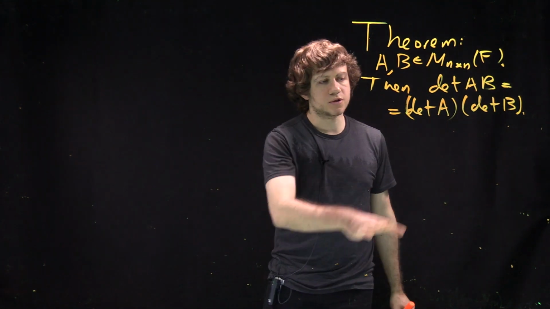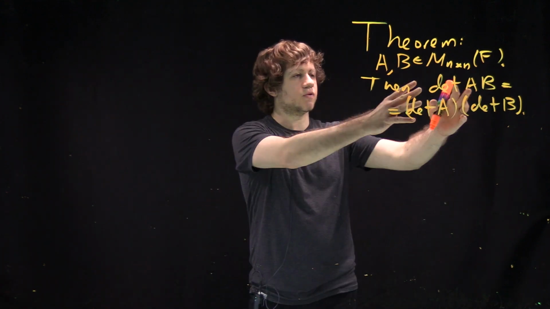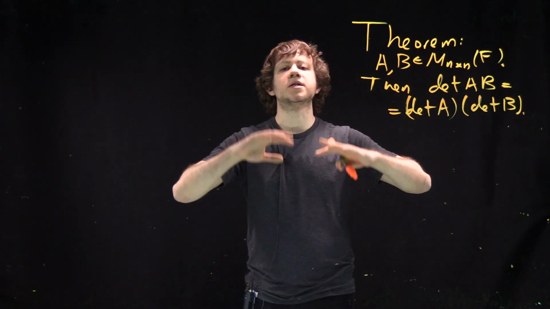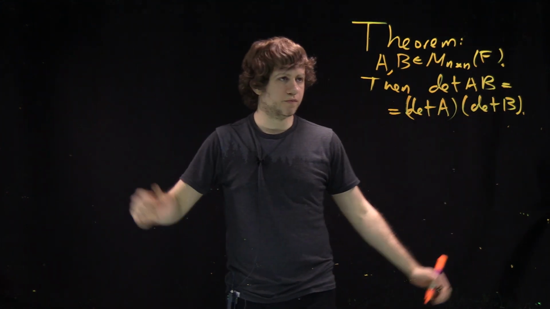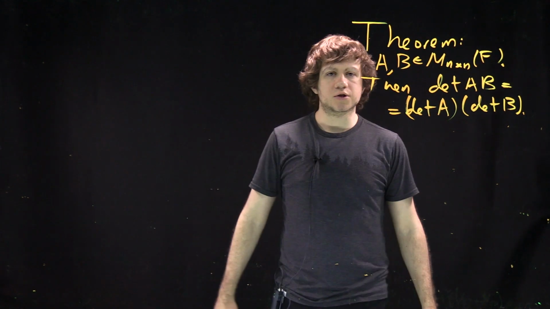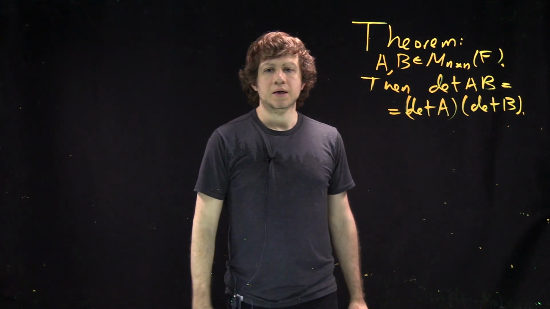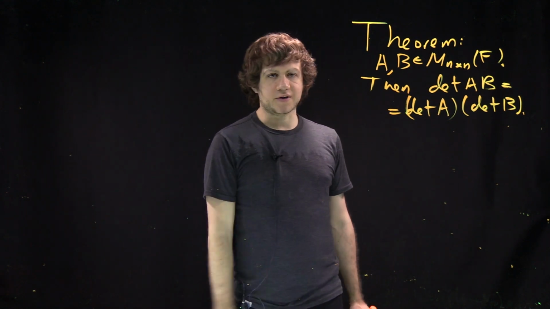This is the most important fact. This is absolutely remarkable. If you try to prove it by opening brackets, it will be a terrible, very complicated, huge proof. But I will do a proof which does not require any computations at all and basically uses the idea of the previous theorem.